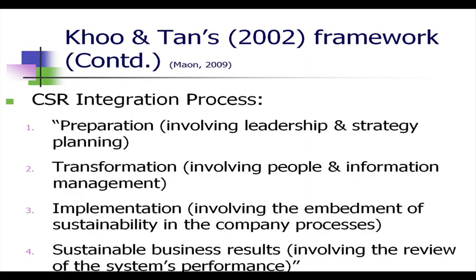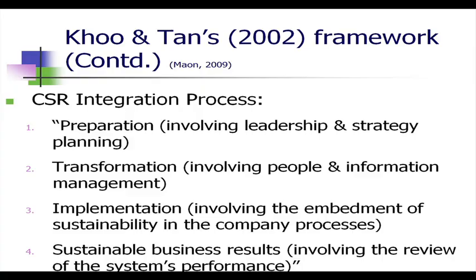Your change or the different way in which you're doing things is actually required to be done. So, that is transformation. So, you involve people and you involve information management, you spread the word, let people grasp whatever you are telling them, let them believe in it, and let them work towards doing things differently. Then you start implementing it, which means the sustainability efforts are embedded in the company processes. They become a part of the company processes.